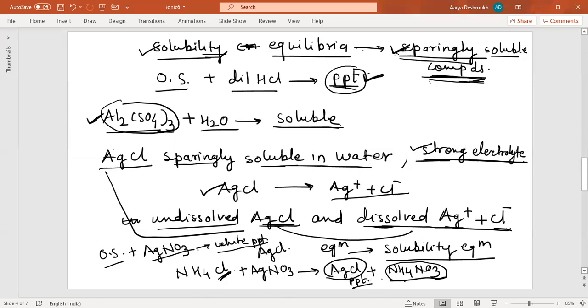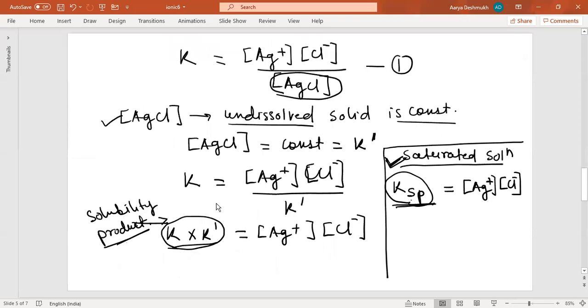Now next, K is equal to the concentration of silver ions and the concentration of chloride ions, divided by the concentration of the salt. The concentration of AgCl, that is the undissolved solid, is a constant, which is denoted by K dash. So you can substitute K dash instead of AgCl in this equation. So this K into K dash is what we call the solubility product. It is equal to the product of the concentration of silver ions and the concentration of chloride ions.